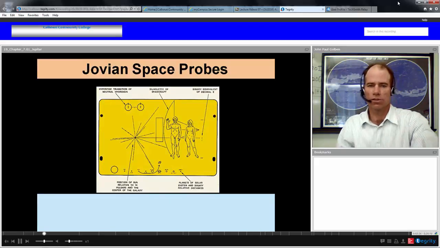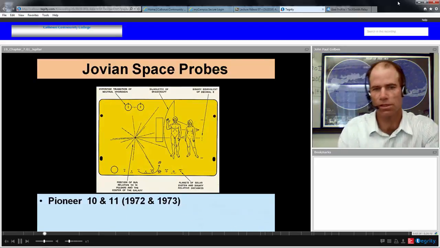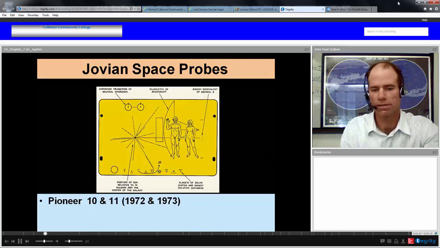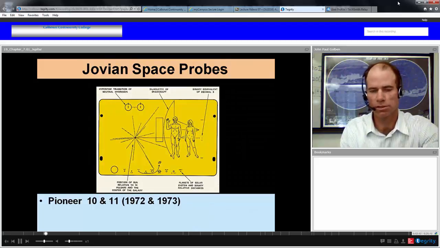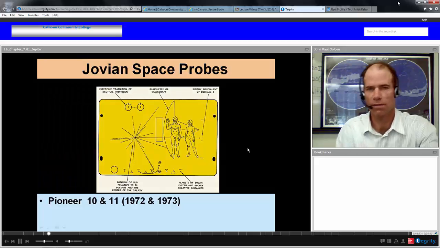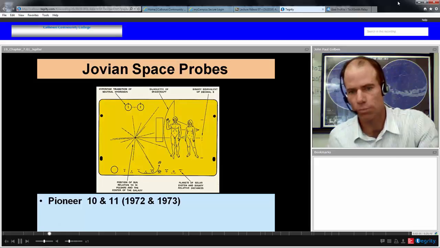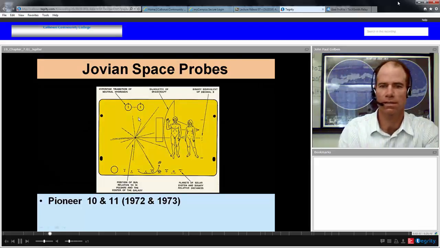We've had several Jovian space probes, in particular Pioneer 10 and 11 and the Voyager spacecraft, 1 and 2. Pioneer 10 and 11 had this plaque, partly designed by Carl Sagan, the famous astronomer. And the plaque was supposed to depict our race.